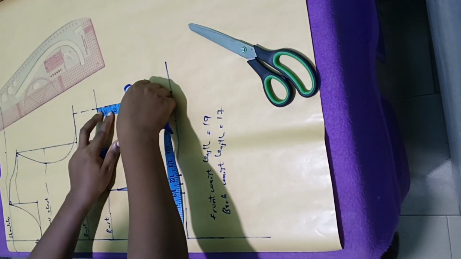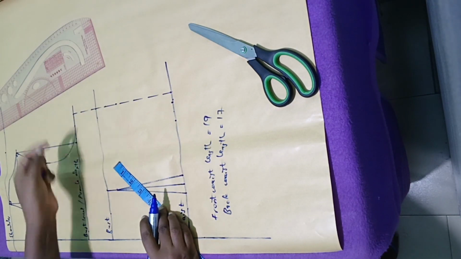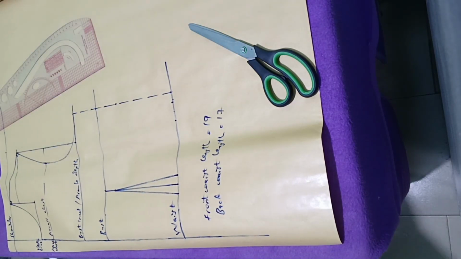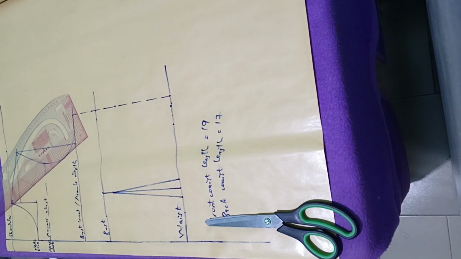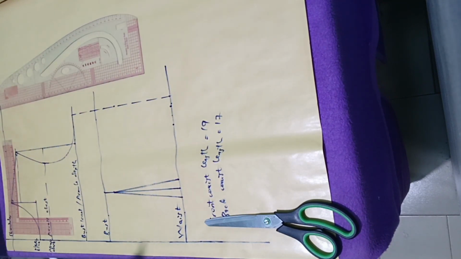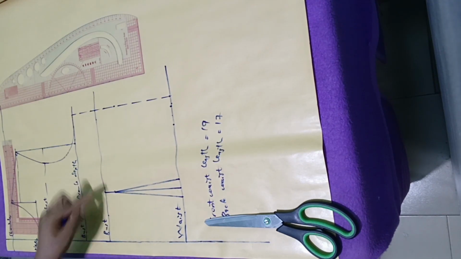We are going to first take that out of the side seam, starting from the bust point downwards, and then we are going to connect that to the bust point, 1 inch away from the bust point as usual. And then after we have done that, we are now going to draw our side seam.